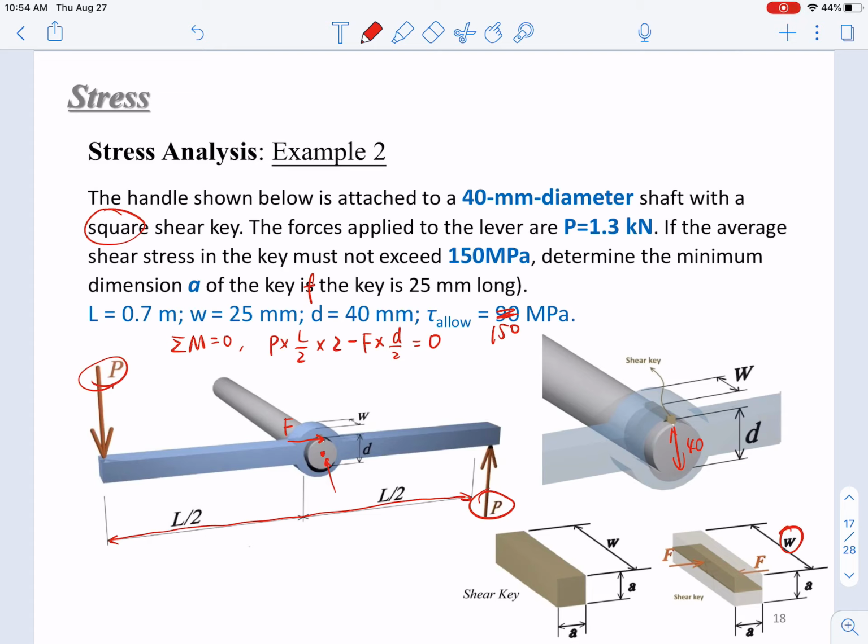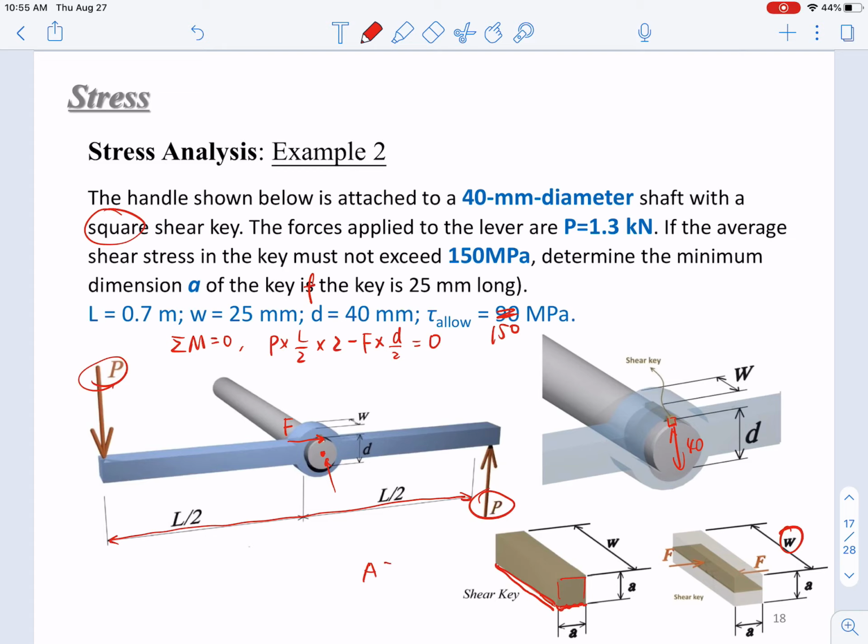And the shear force in this key, where will that occur? It will occur here, at the interface between this shear key and the shaft, or the bottom of this square. At the bottom of this square, there will be the interface of the shear. So we can also determine this area.